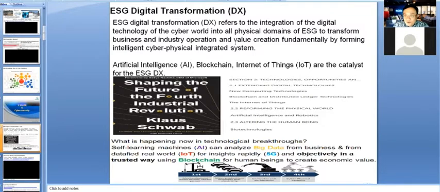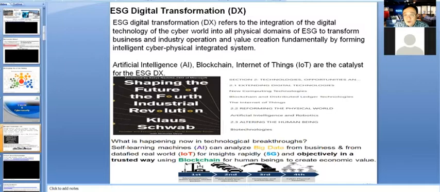The top priority trend after COVID-19 is digital transformation. So ESG digital transformation will be the top priority in business, industry, society, and government.